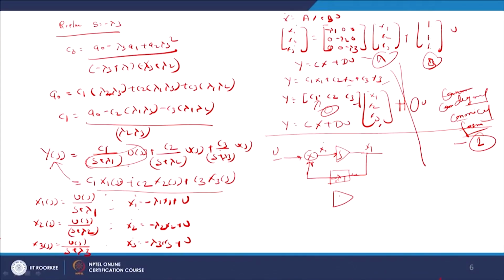Similarly we can do it for x2 dot and x3 dot. So we draw another integrator. Here is the block minus lambda 2, and u, here is x2, here x2 dot. Similarly another integrator is required because we have x3 dot.